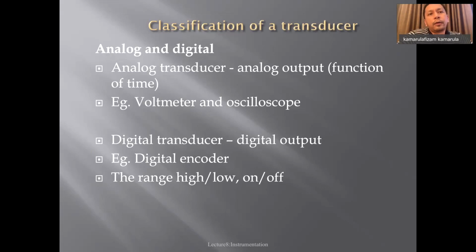For the voltmeter, or the analog transducer, the voltage and the current basically change from 0 to any maximum operating voltage, for example 5 volt or 12 volt. So the information in this analog transducer varies and changes within this range. Those are for analog transducers. For the digital transducer, the value is either 0 or 1.